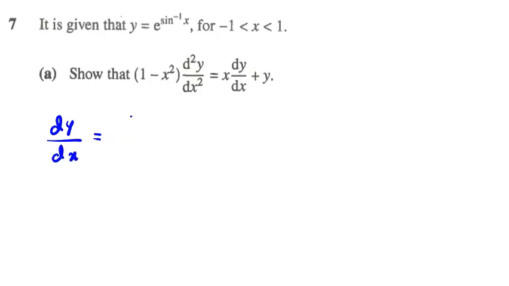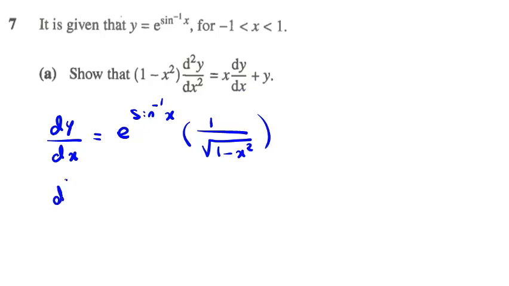dx. It will be e to the power of inverse of sine x times the derivative of inverse of sine x, which is 1 over root 1 minus x squared. Now we know this, let's find d2y over dx2.